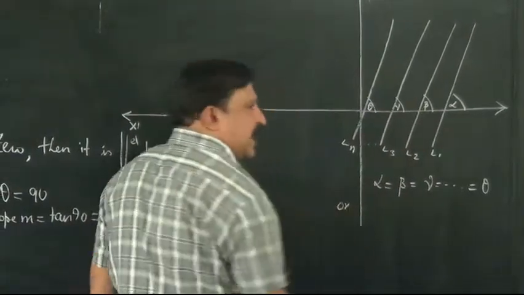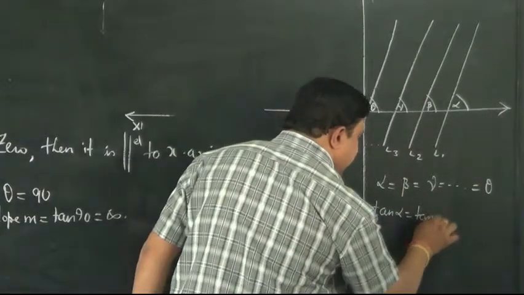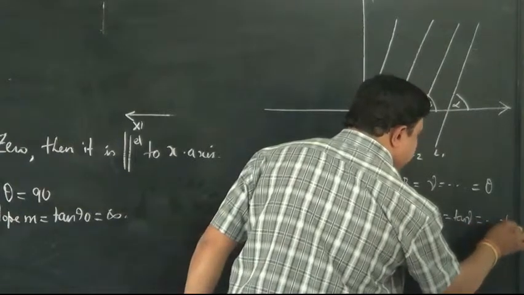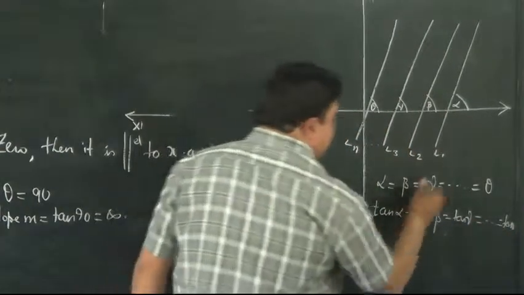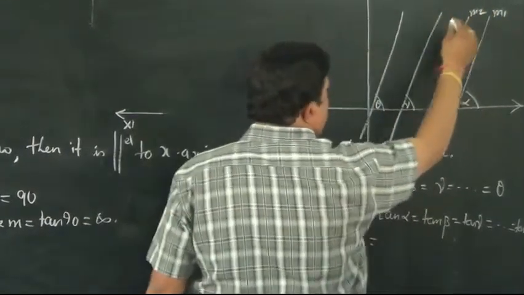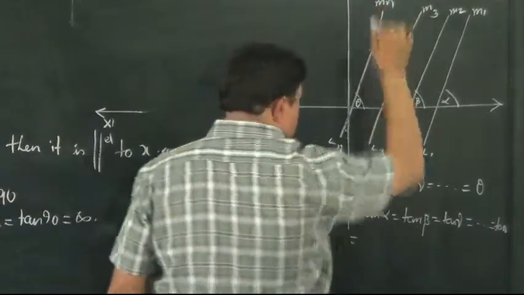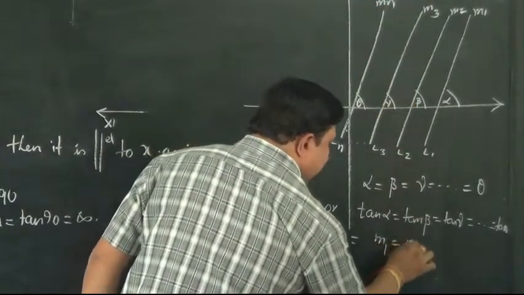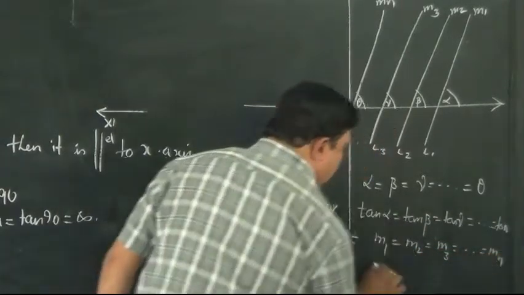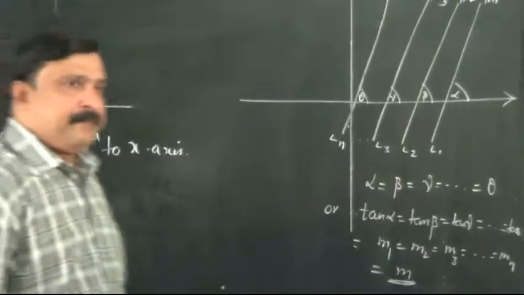Or if I introduce tangent to these angles, then tan alpha equals tan beta equals tan gamma equals etc. equals tan theta. That is, if tan alpha represents the slope of the first line m1, and m2 is the slope of the second line, if m3 denotes the slope of the third line and mn is the slope of the last line, then it follows that m1 equals m2 equals m3 equals etc. equals mn, or simply all these values put together as one common value m.